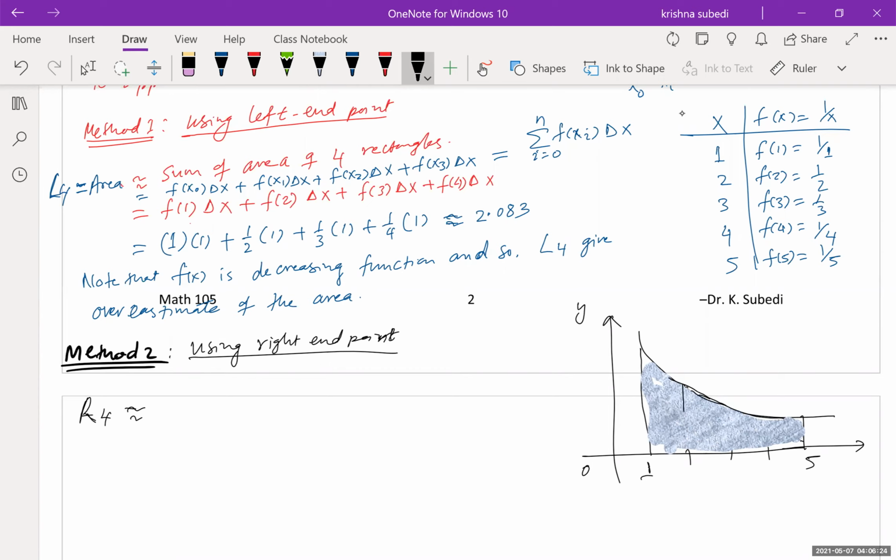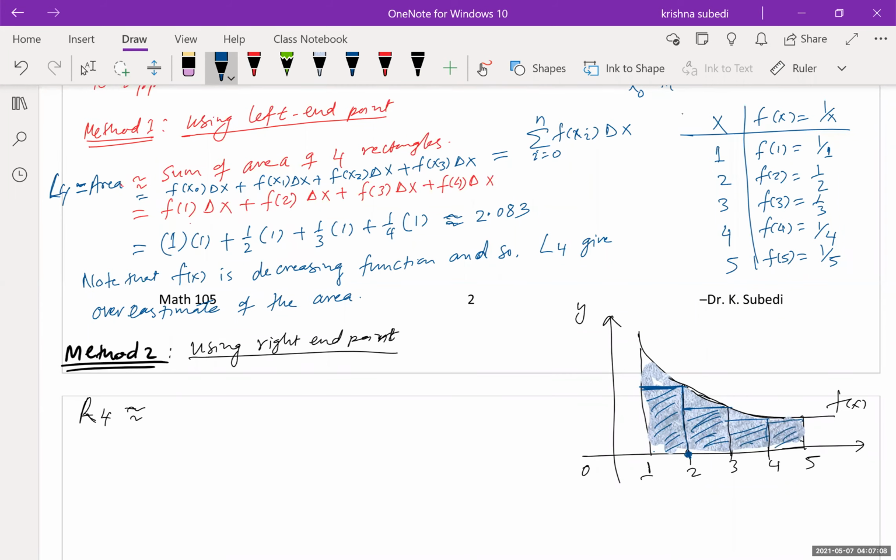Now if I consider the right endpoint, the right endpoint is this 2 for the first rectangle. So the rectangle will be this part right there. That's our first rectangle using the right endpoint. The second rectangle will be this. Third rectangle using the right endpoint is this. Fourth rectangle using the right endpoint is this.